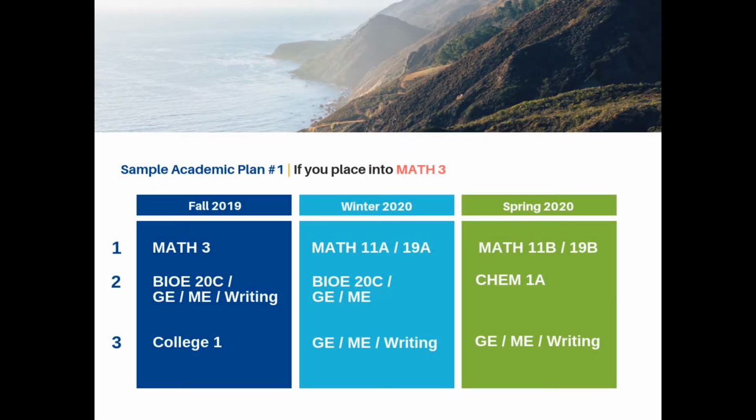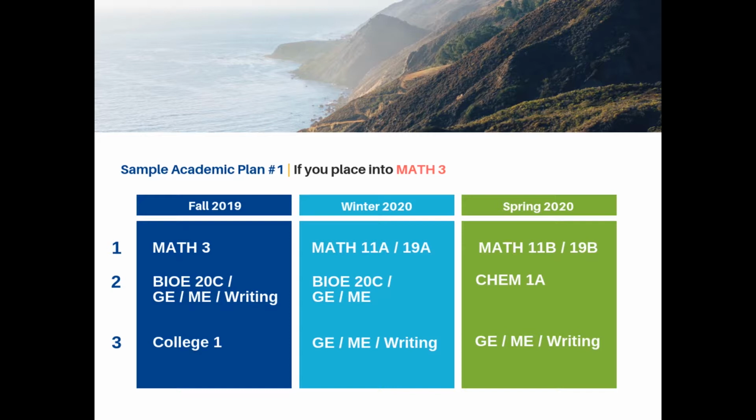Now let's put it all together and see what a sample academic plan looks like. If you placed into Math 3 pre-calculus, your freshman year may look something like this, with Math 3, BioE 20C, a GE, a major exploration course, or a writing course, as well as College 1, all in fall of your first year.